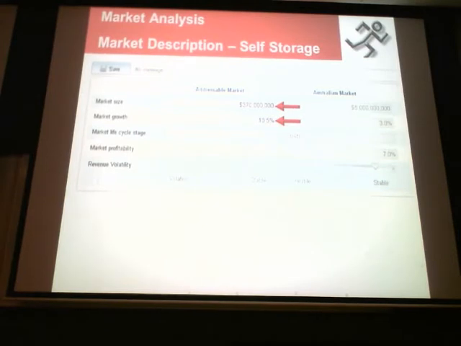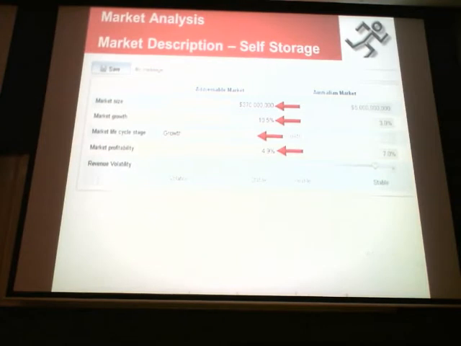The market life cycle, what life cycle stage do you think self-storage is at? Maturity? With that sort of growth at 10.5%, is that still maturity? I selected growth for that. And the profitability, I did a bit more research, and it's about 5%. I put in 4.9% there.